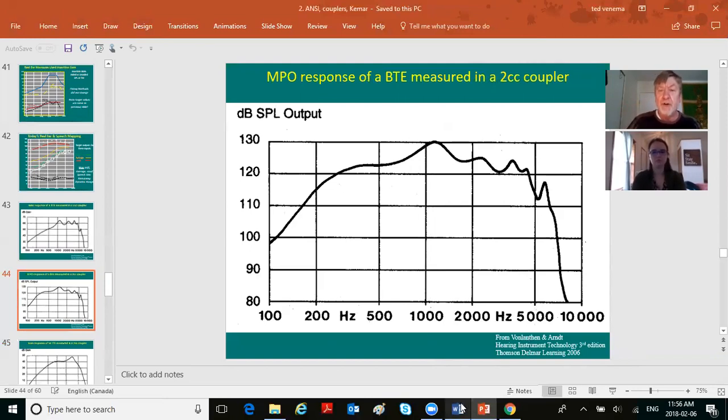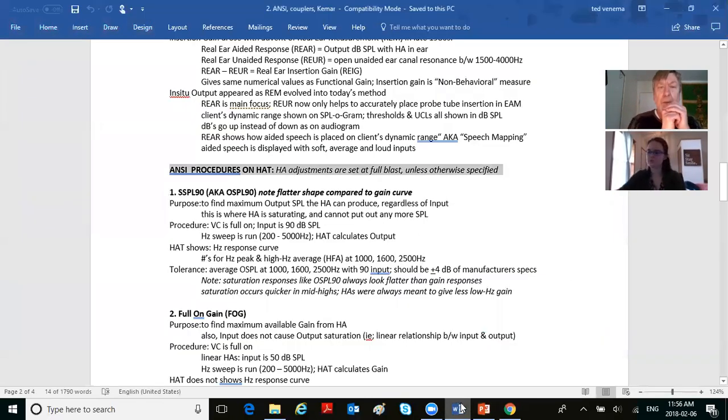And when you look in your notes, what does it say? Purpose is to find the maximum output the hearing aid can possibly produce. This is where the hearing aid is saturating and can't put out any more SPL. Procedure: volume control full on, input 90, and a frequency sweep is run.